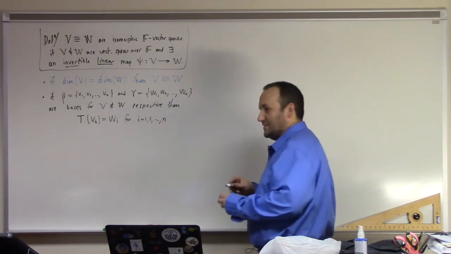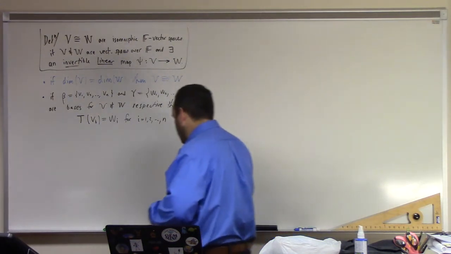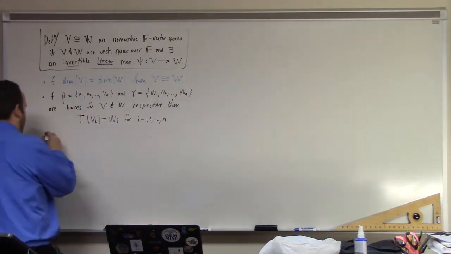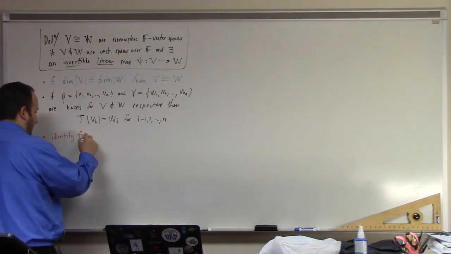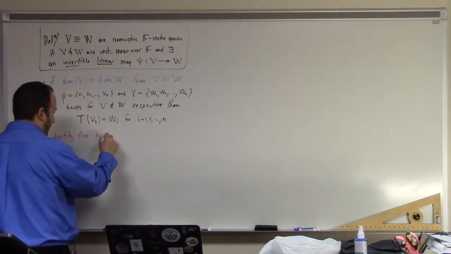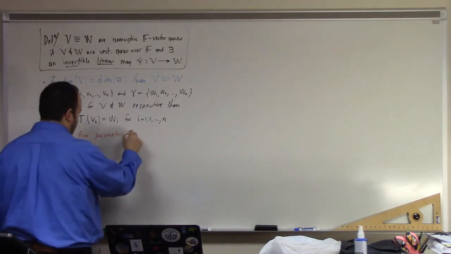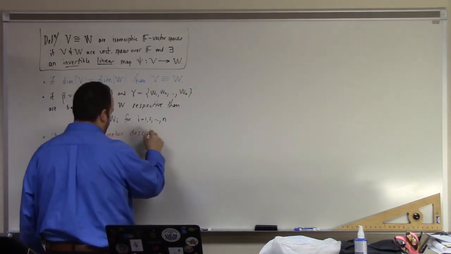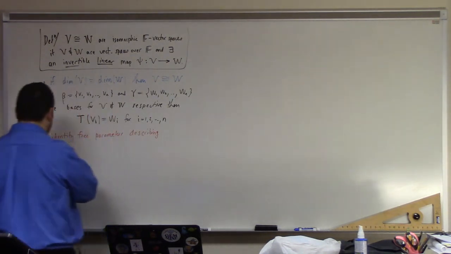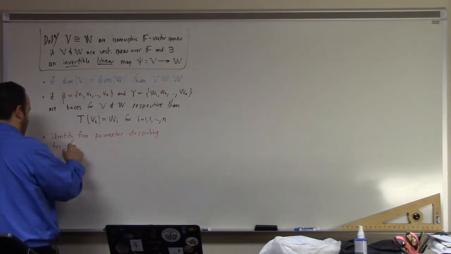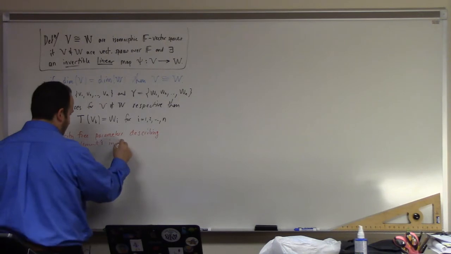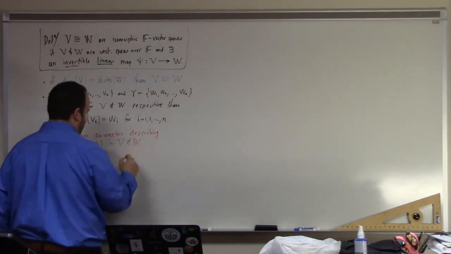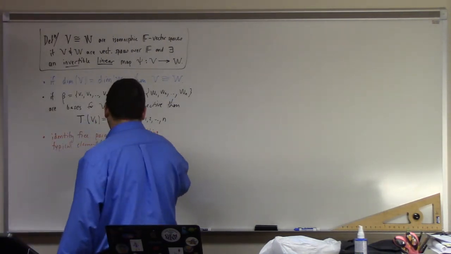I mean, a more honest advice for most examples, though, is the following, which is to identify free parameters describing a typical element in V and W and map them.